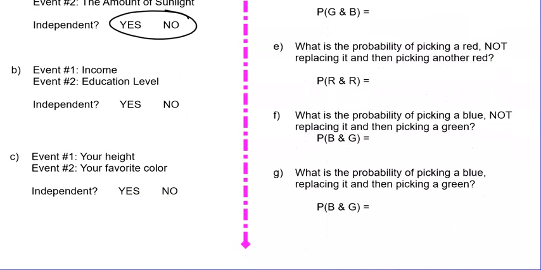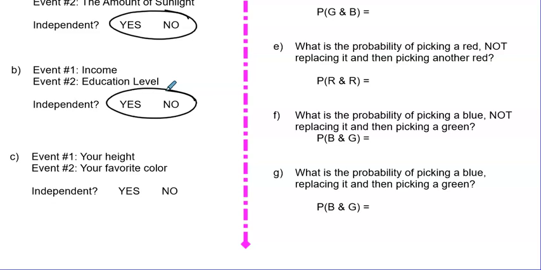Income and education level. This is more a concept of correlation. There's a correlation between how high your education level is and your income, and causality. Like, does more education guarantee higher income? And that's a no. So, again, this is a vague one. You can't really say yes or no. It's not for sure. Generally, more education means more income.